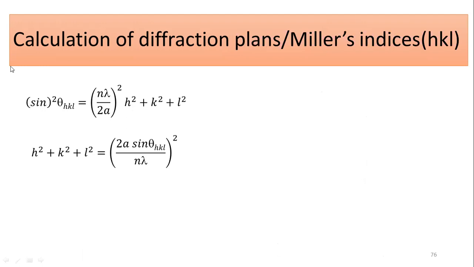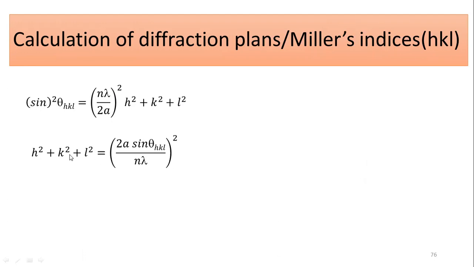Here is the equation to use to calculate the Miller indices, the HKL values. This is the equation we derived before, and when you have to calculate the HKL values, you can get them by just rearranging this equation.